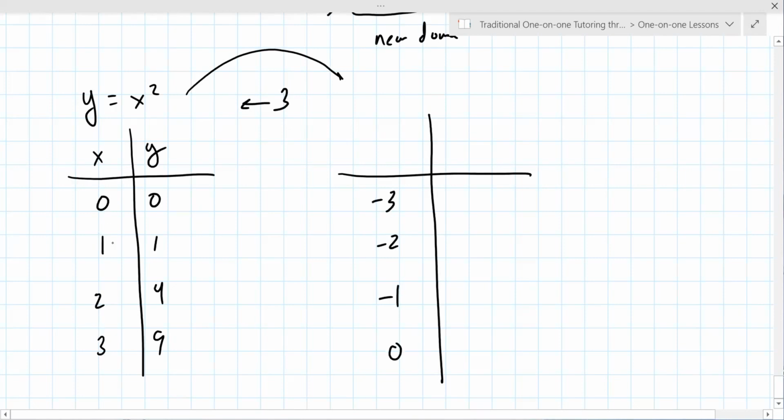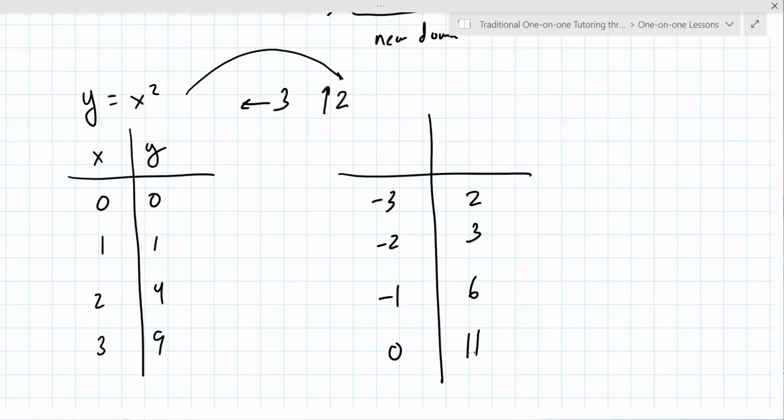All of these numbers are going left 3. I'm subtracting 3. And then if I'm going up 2, I'm adding that to each of the y values. So 2, 3, 6, and 11. Where it gets slightly more complicated, we did 3 examples of it, 2 examples at least of the reflections. Those would probably be good to look at again.